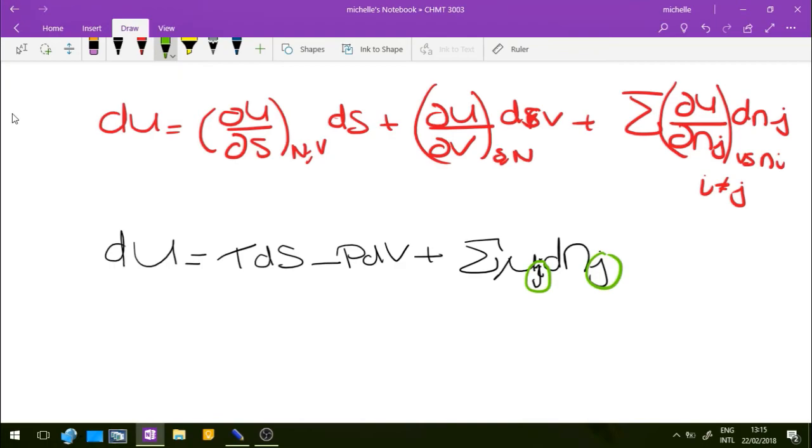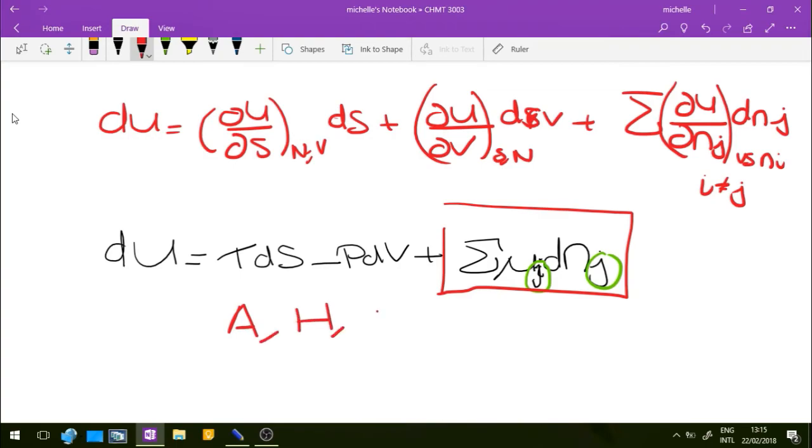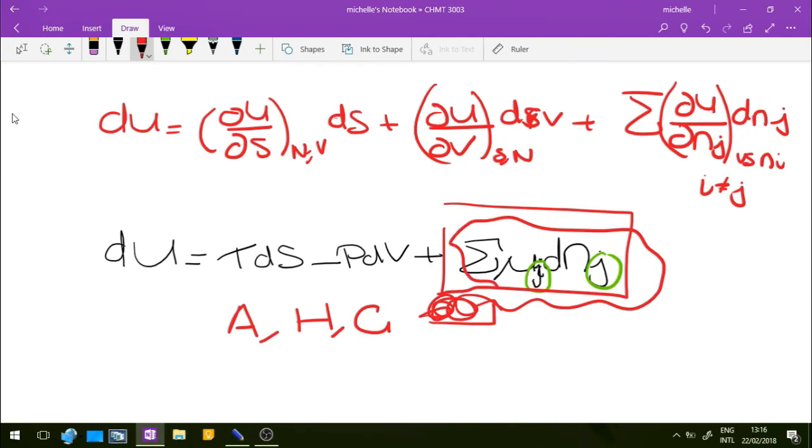Okay, so you'll see that this section is added onto your equation sheet, and it's only for when you have multi-component mixtures, and it's added on for your thermodynamic equations for your A, your H, and your G. And we'll deal with this little chemical potential section in second semester. So for now we'll just be using the equations for pure component systems.